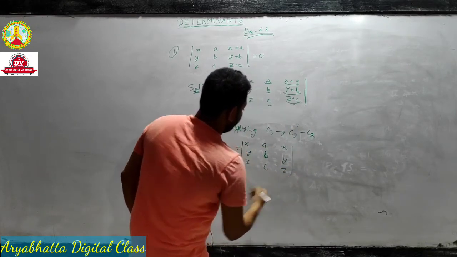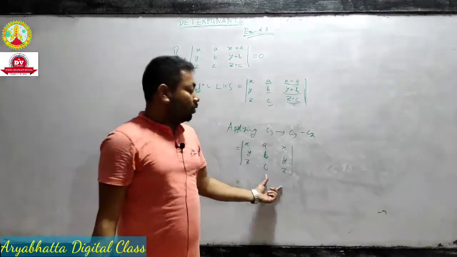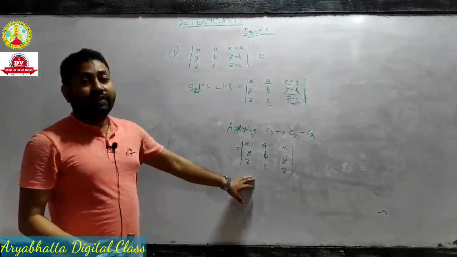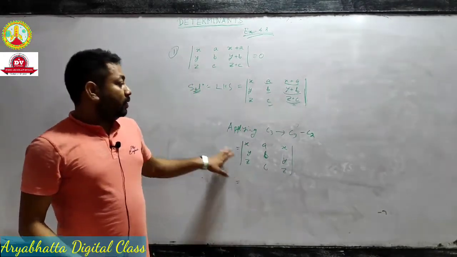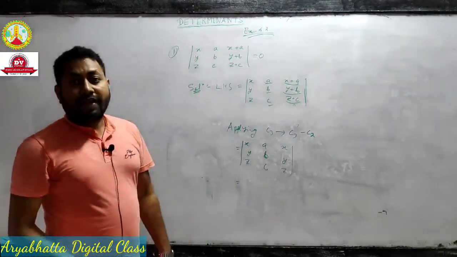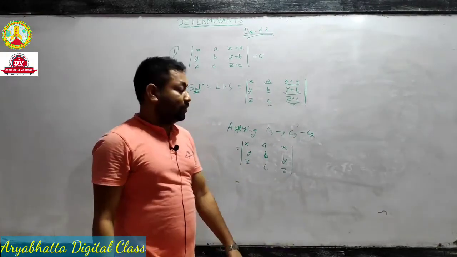We know from the properties of determinants that if two rows or columns are identical, then the determinant is equal to 0.